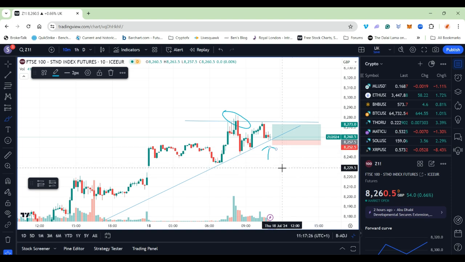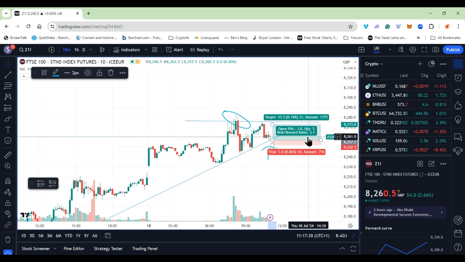Okay. And then looking at this trade, we look at the risk reward ratio. This is really important, 3-1. So remember when I said you want a risk reward of 2-1? This is based on simple trading theory.